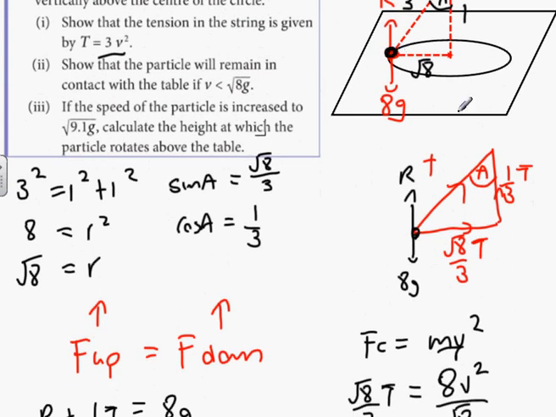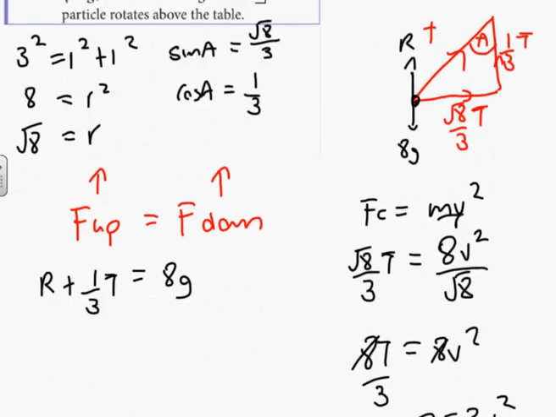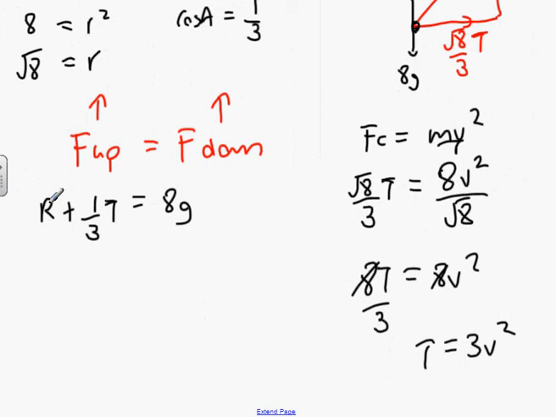Show that the particle will remain in contact with the table if v is less than root 8g. To remain in contact with the table would mean that the R value has to be greater than 0.